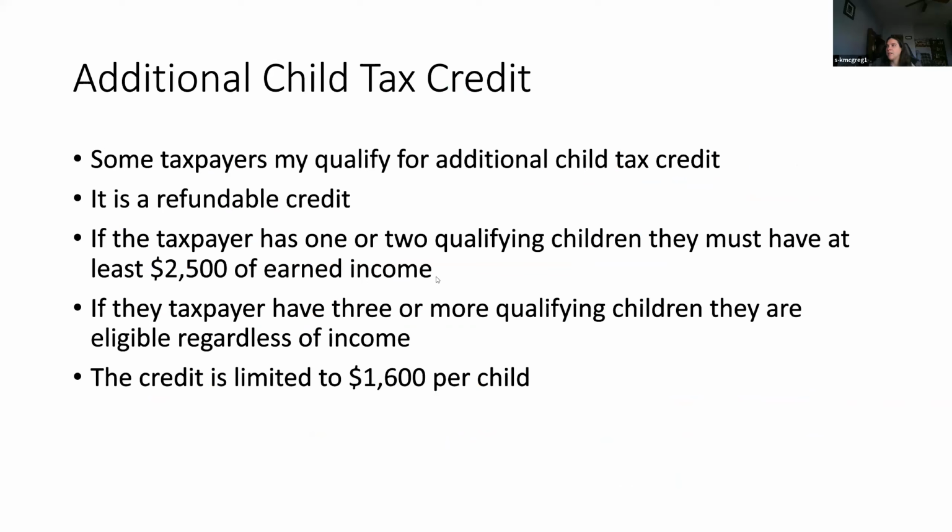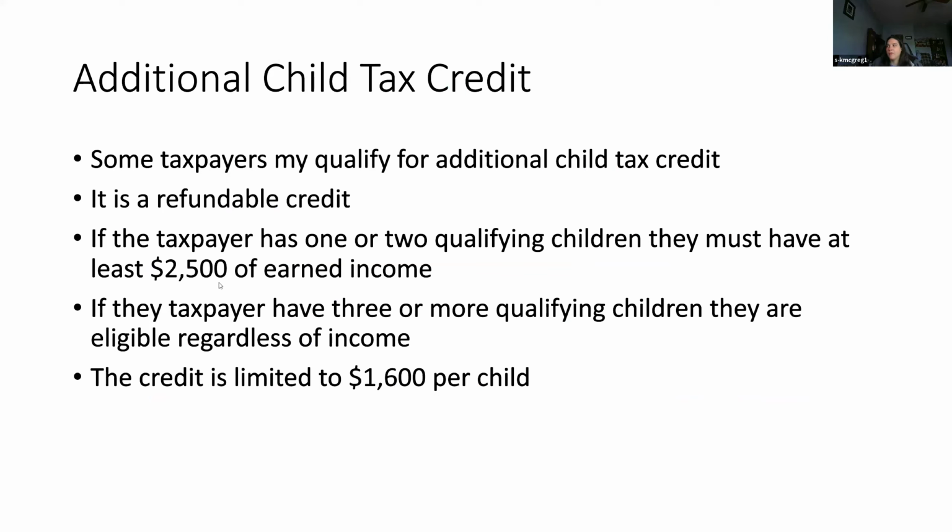Now, there is something that's a refundable credit called the additional child tax credit. Only some people will qualify for this. This one is refundable, so they can get this part even if they don't owe tax anymore.